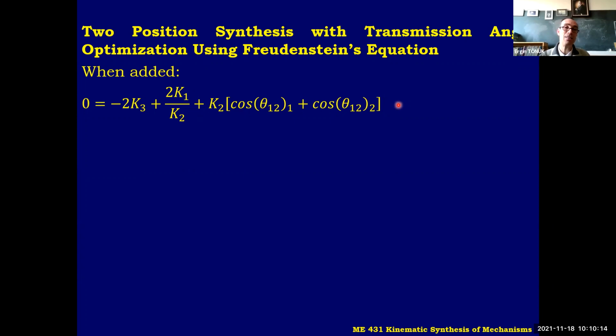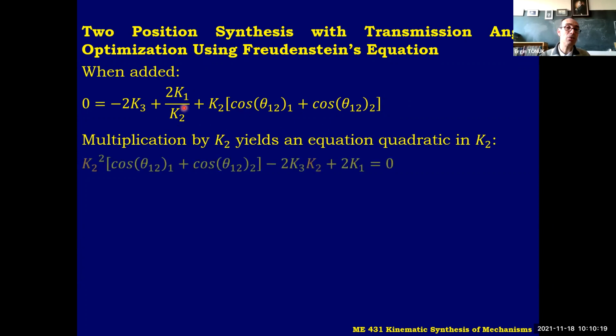That's quite easy. The first thing is I would like to get rid of this denominator. So I'll multiply everything with K2. So here I'll have a K2 square, which is this, times this bracket.